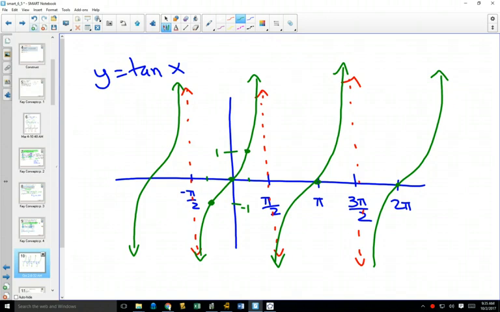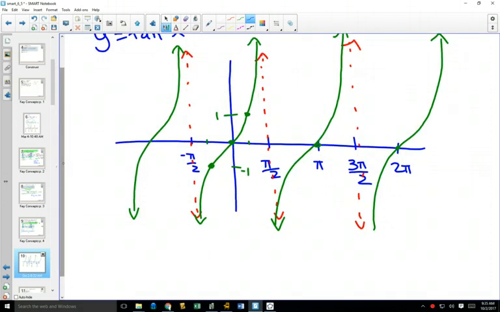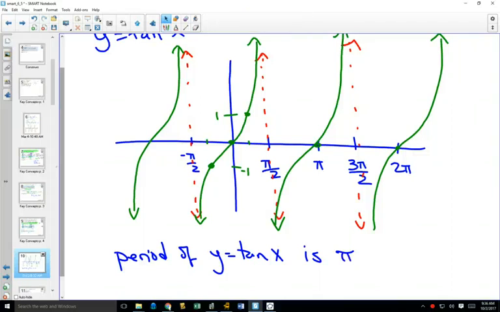But its period, how long does a tan graph take to repeat itself? Period of y equals tan x is not 2 pi, it's just pi. It repeats itself every pi. So you take a point like 0, you get to it again going up by moving pi to the right.